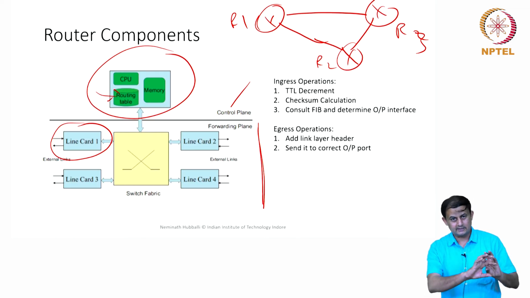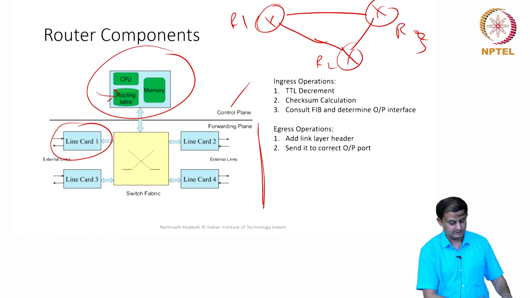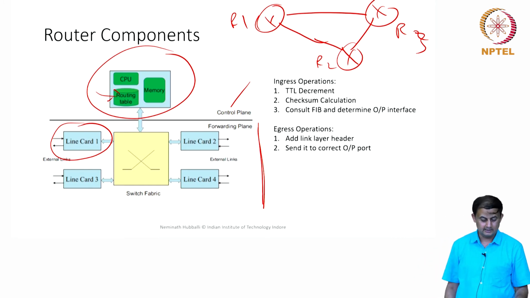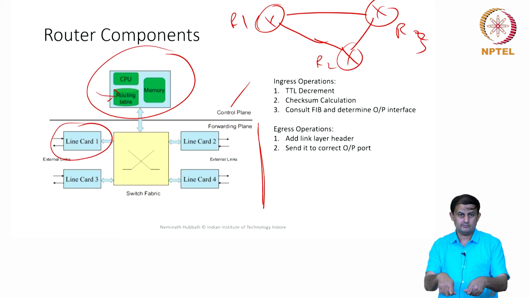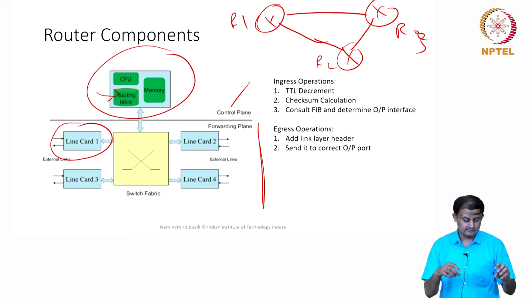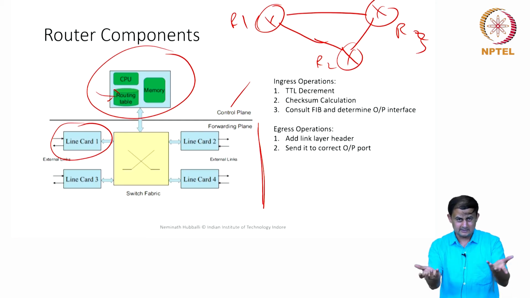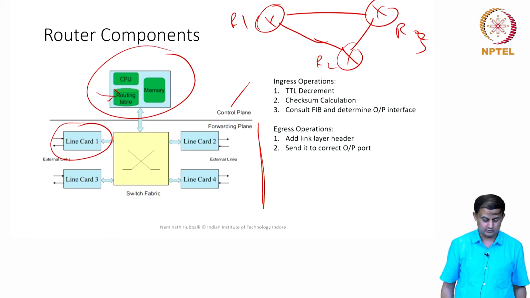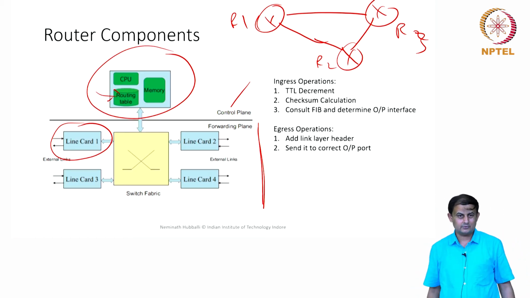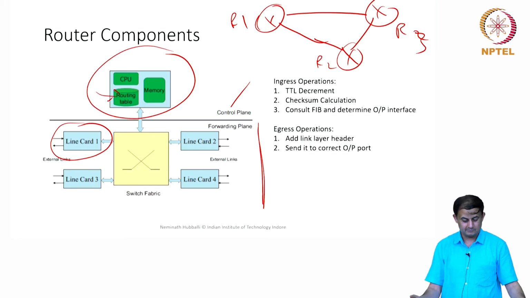In addition to that, there are some more components, and we will see what is inside that line card in a little more detail. There are a bunch of line cards where the cables come and terminate, let's say an Ethernet cable or an optical fiber cable, the interface where that cable terminates. And then the second component that you have is something called the switch fabric.